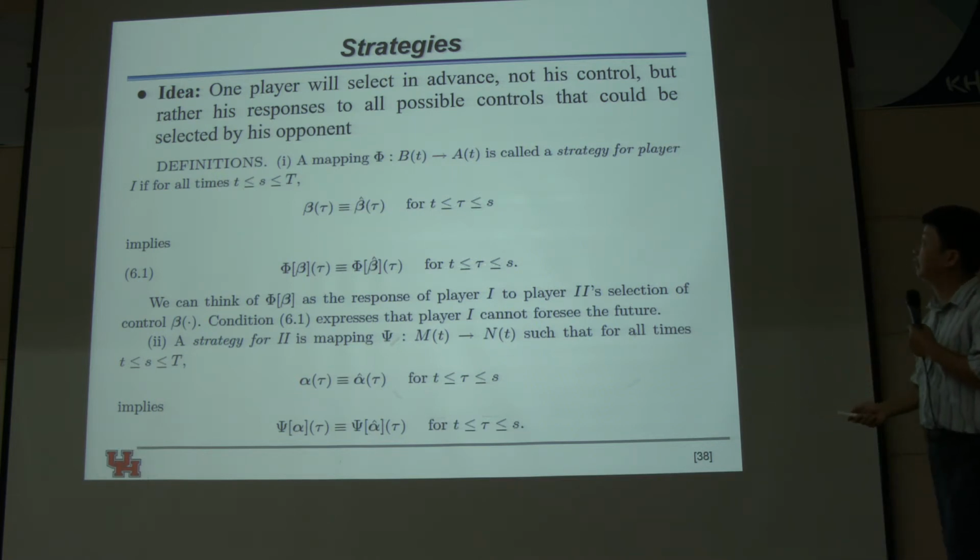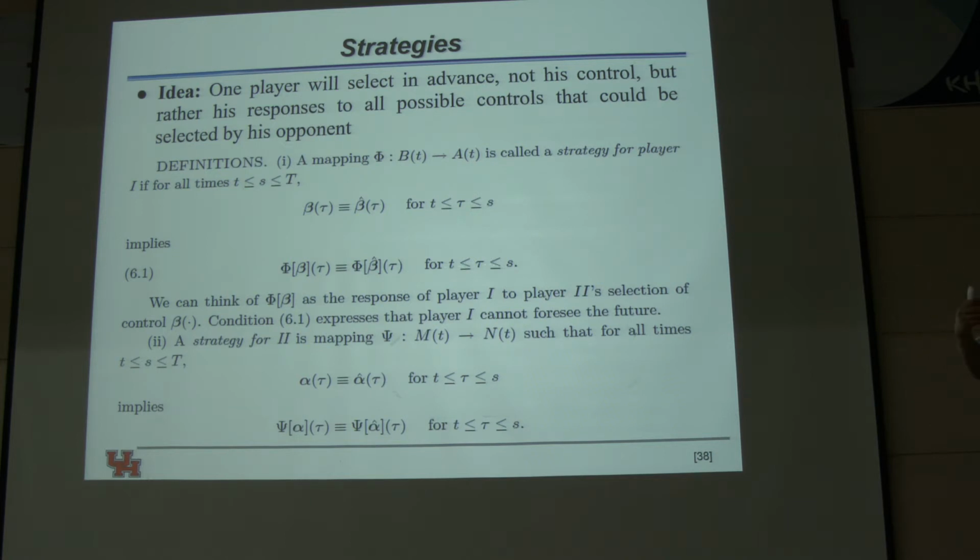Okay, so basically we need a mapping such that any action of the opponent is mapped into what is called a strategy for player I, for all t. So we can calculate that for player 1: suppose player 2 is doing beta, then what should player 1 do?